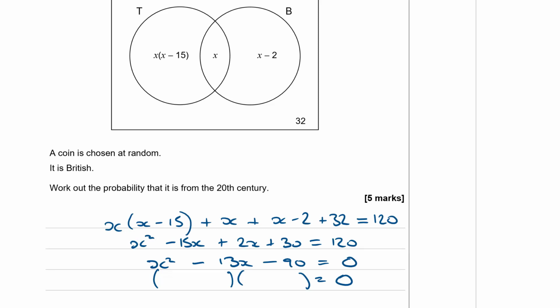Thinking about the factor pairs of 90, 90 has factor pairs 1 and 90, it has 2 and 45, 3 goes into 90 30 times. Does 4 go into 90?